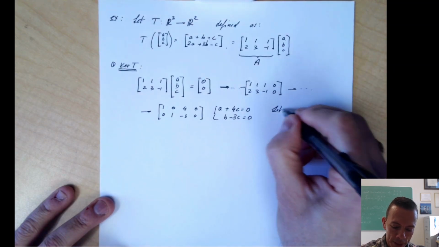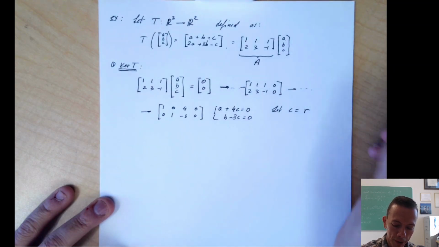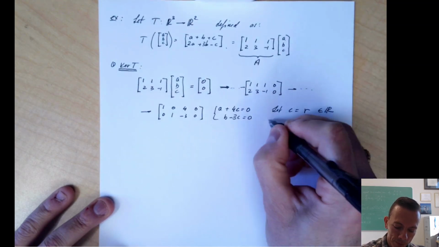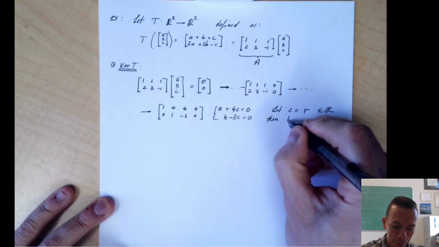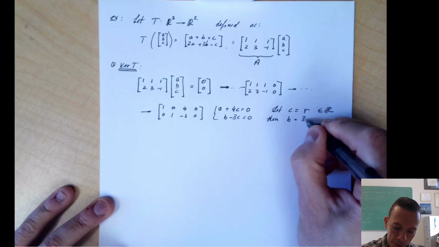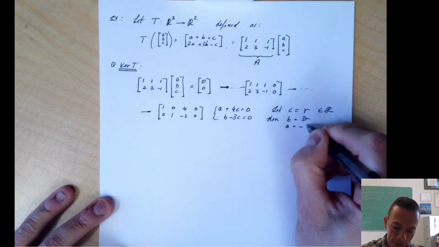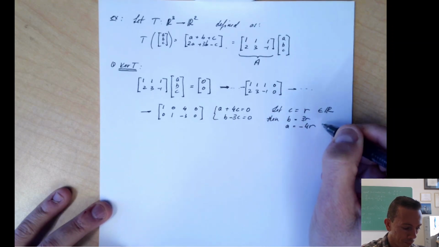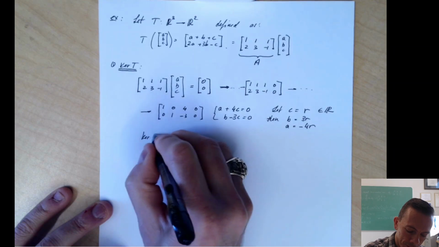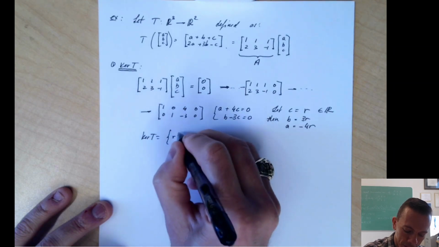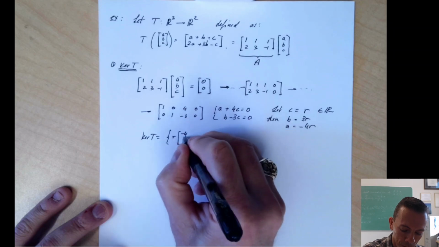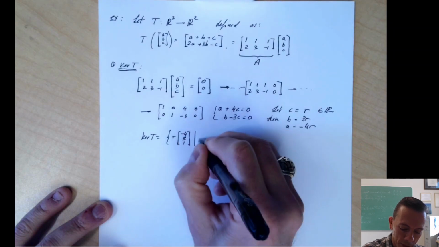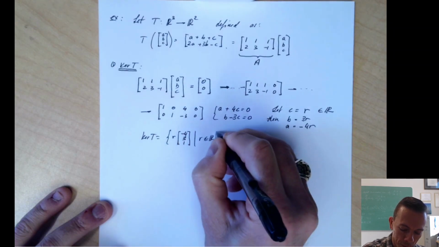So we can take c to be the free variable, r, in this case b becomes 3r, and a becomes minus 4r. So the kernel is the set of all vectors r times the vector (-4, 3, 1), where r is a free variable.